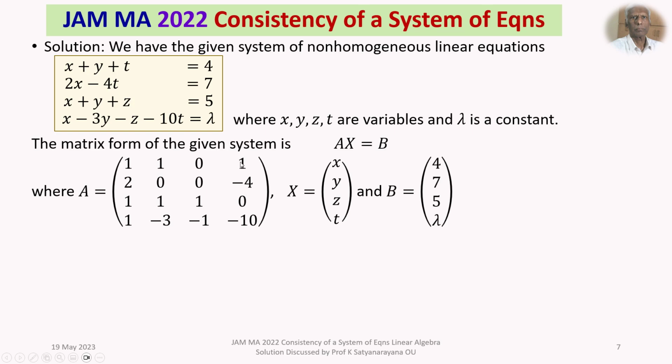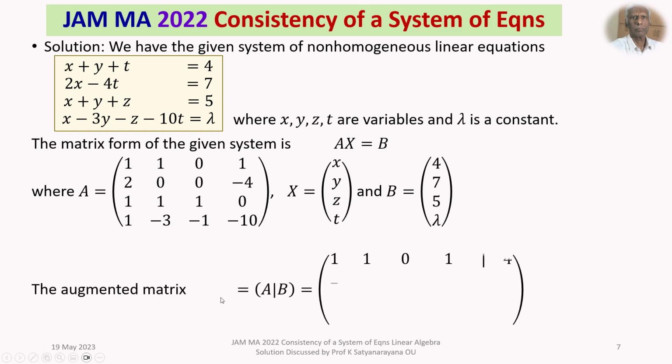In the third equation, 1, 1, 1, 0, as there is no t. And the fourth equation, 1, minus 3, minus 1, minus 10. Capital X is the column matrix consisting of the variables x, y, z, t, and capital B is the column matrix consisting of the given values.